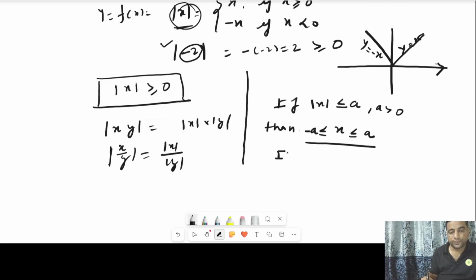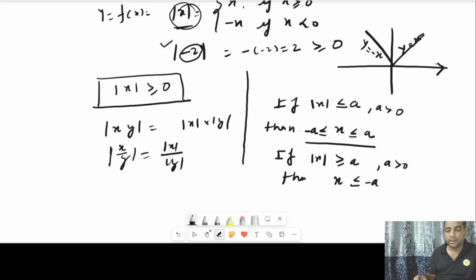And if mod x is greater than or equal to a and a is positive, then x is less than or equal to minus a, or x is greater than or equal to a. It's a very important property of the modulus function.